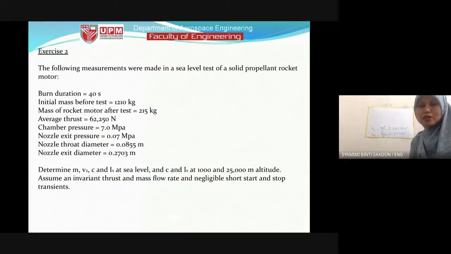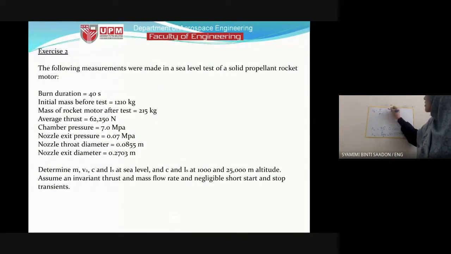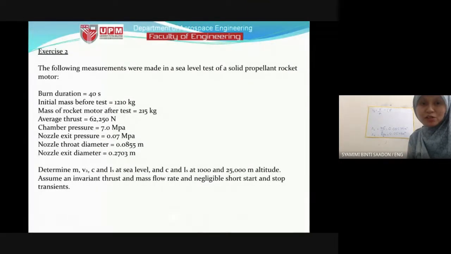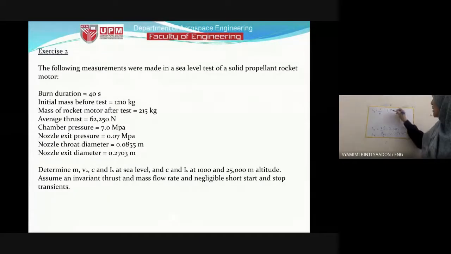So like the normal thrust equation for every engine: Ve equals F over m dot, minus P exit minus P ambient, times A, divided also by the mass flow rate.